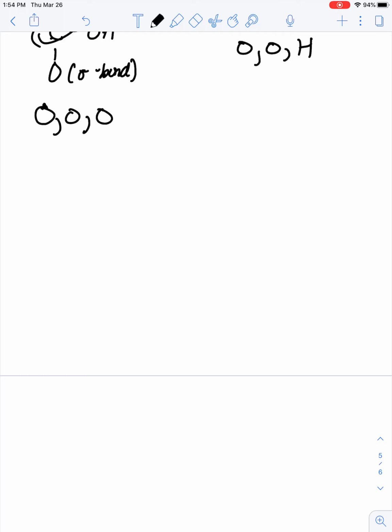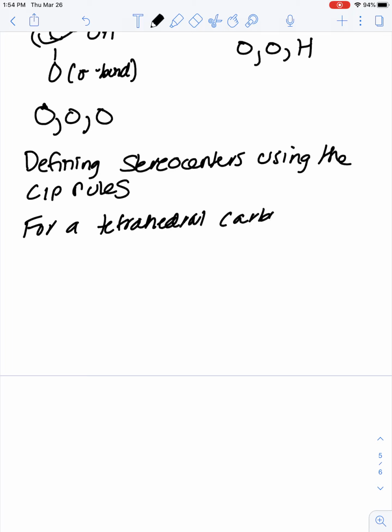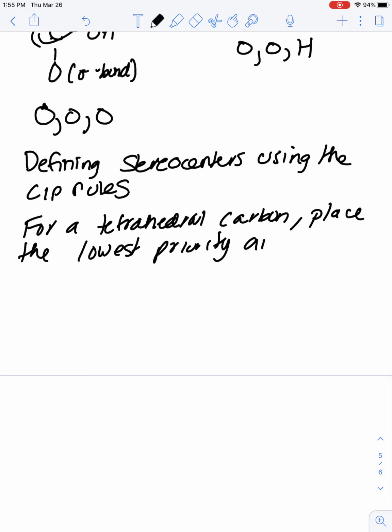So why is all of this important? When we're defining stereocenters using the CIP rules, we're talking about tetrahedral carbons right now. For a tetrahedral carbon, you are always going to place the lowest priority away.